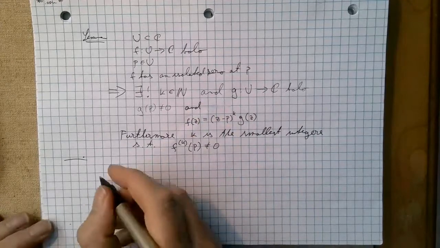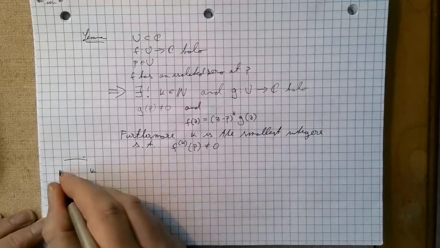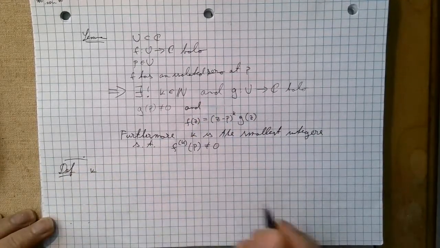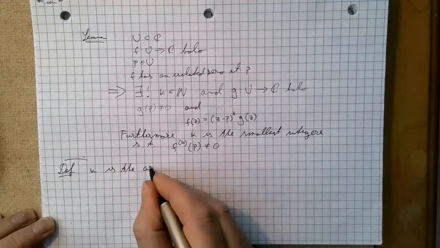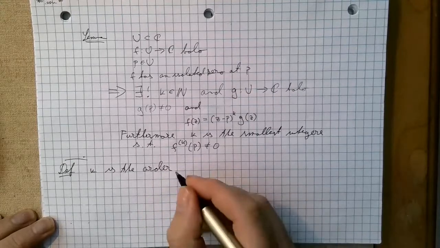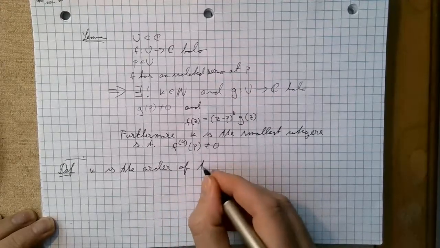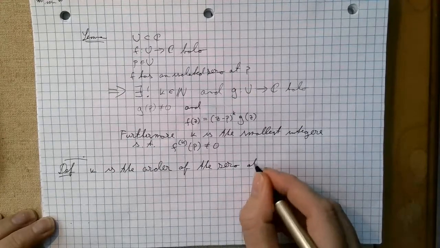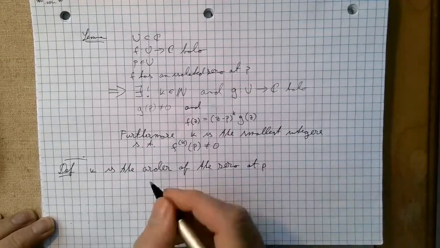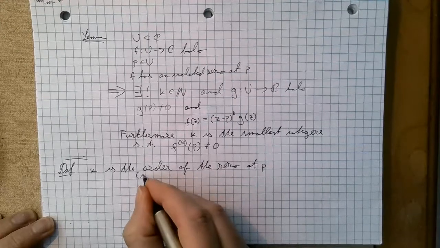So let's go to the definition. k is the order of the 0 at P, or sometimes we say it's the multiplicity.